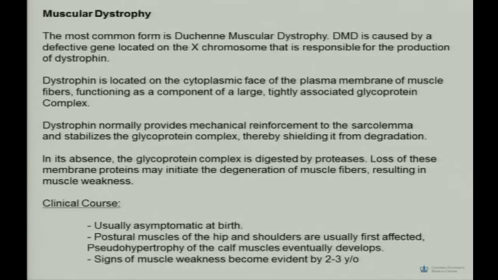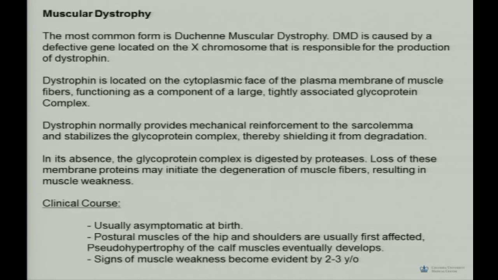Now, the defective gene in Duchenne's muscular dystrophy is found on the X chromosome, and it codes for a protein called dystrophin. And dystrophin is found on the cytoplasmic face of skeletal muscle, so the interior surface of the plasma membrane of skeletal muscle, and it really functions as a stabilizing structural complex.